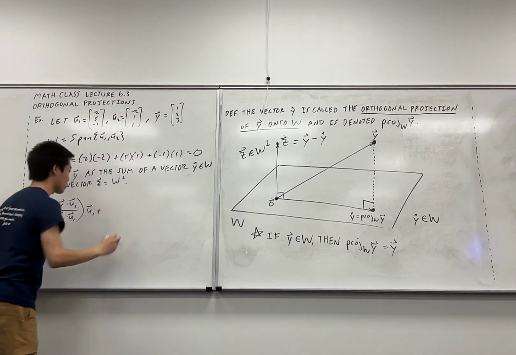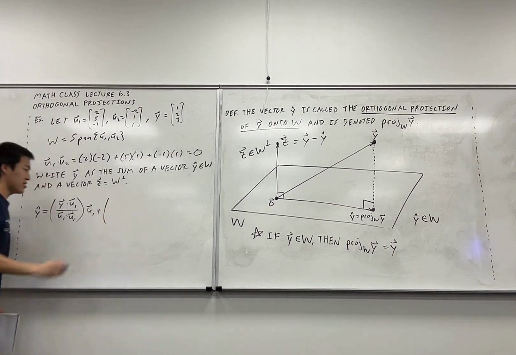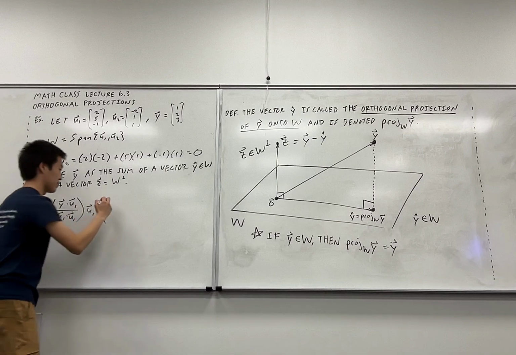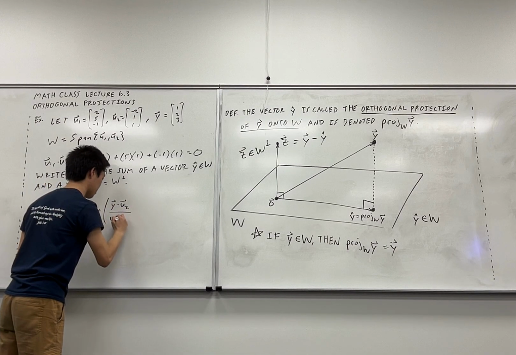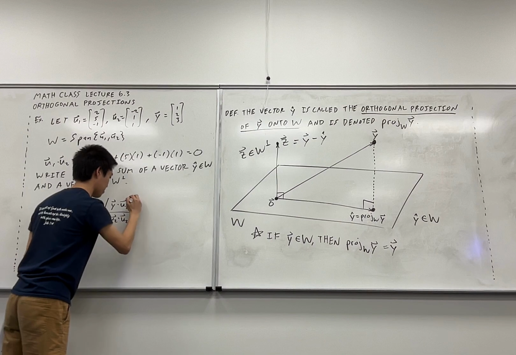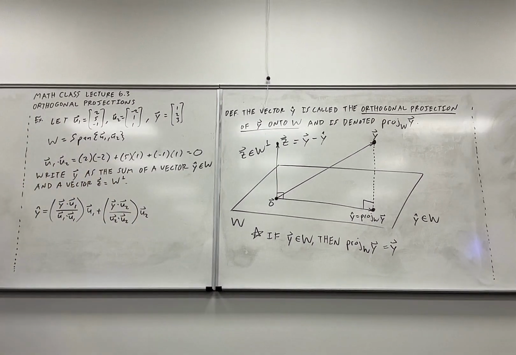Why am I adding more terms? Because there's another vector to accommodate. What goes here? y dot u2 over u2 dot u2, times u2. Do I keep going? Why do I stop? Because there's no other vector.